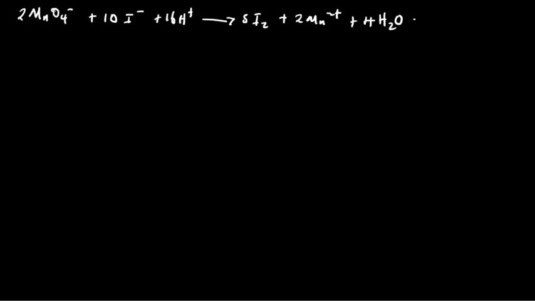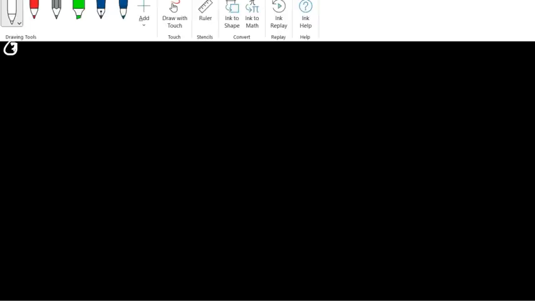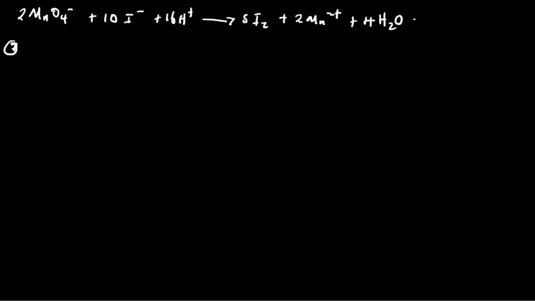So since we are proceeding from acidic to basic media, step number 7 now. So what do you do on step 7? You are going to add OH- to the side where H+ is appearing.